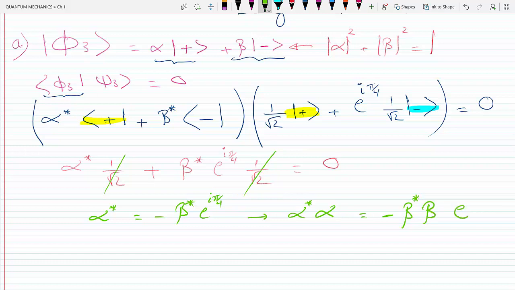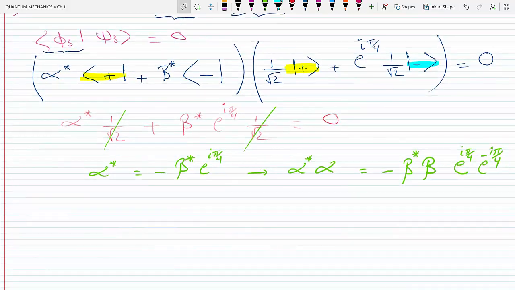And when I square this, I also multiply it by its complex conjugate. What's the complex conjugate of e to the i pi over 4? E to the minus i pi over 4. Okay, cool. So that means these two go away.